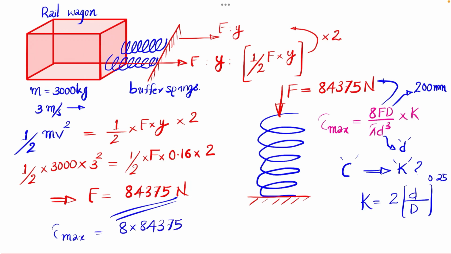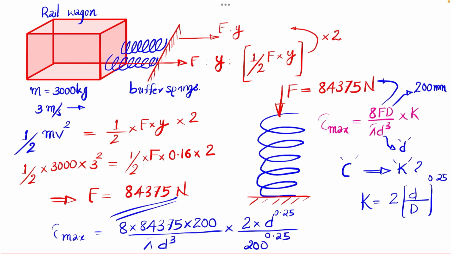Tau max will be equal to 8 into F, which is 84375, into capital D, 200 substituted in mm, divided by pi d cube, into K, which is 2 into d by D the whole raised to 0.25, that is d raised to 0.25 divided by capital D, that is 200 raised to 0.25, and this will be equated to our limiting condition.